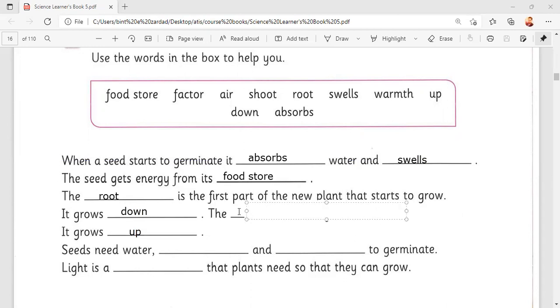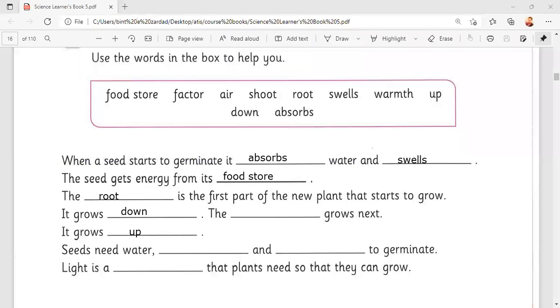The first shoot grows next. So we write here shoot. Okay, done everyone.